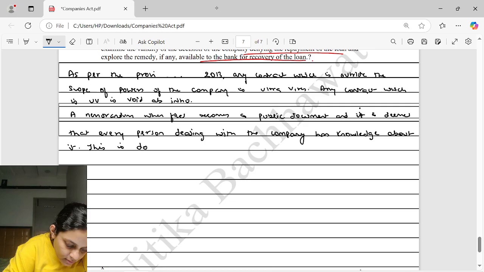This is the doctrine of constructive notice.